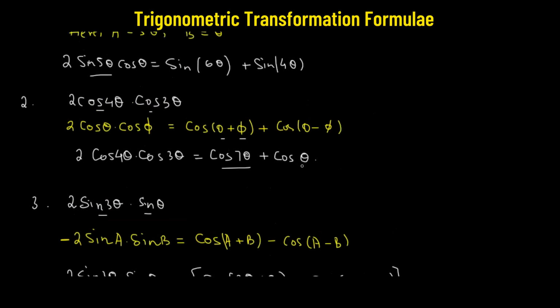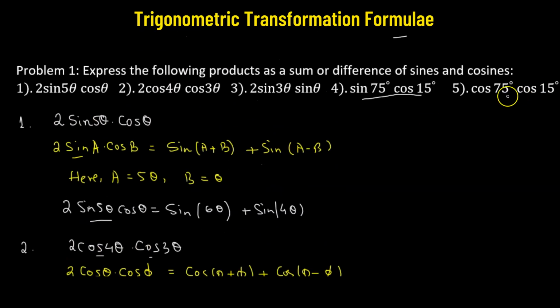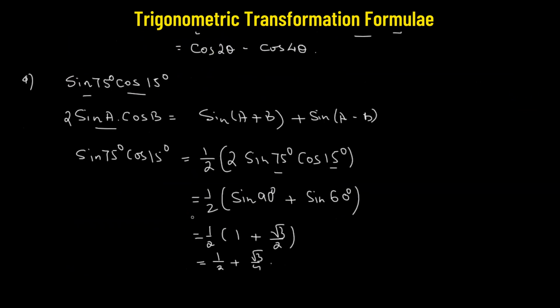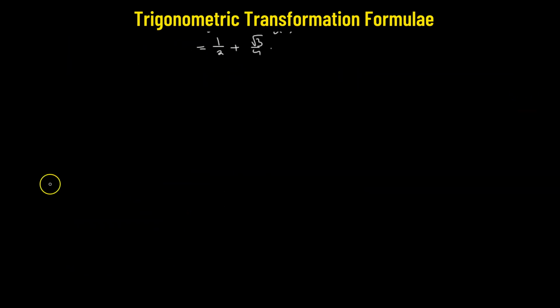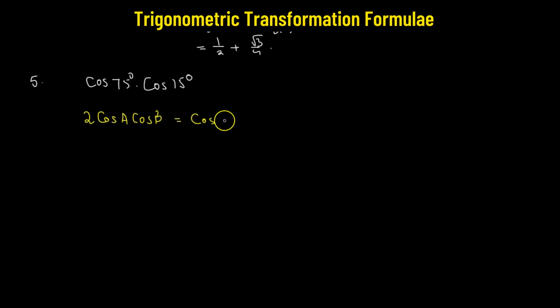And finally we come to the fifth part. We have cosine 75 degrees cosine 15 degrees. Number 5, cosine 75 degrees times cosine 15 degrees. Now here we will be using the formula that 2 times cosine of A times cosine of B, when the factors are both cosine functions, is going to be the sum of 2 cosine functions.